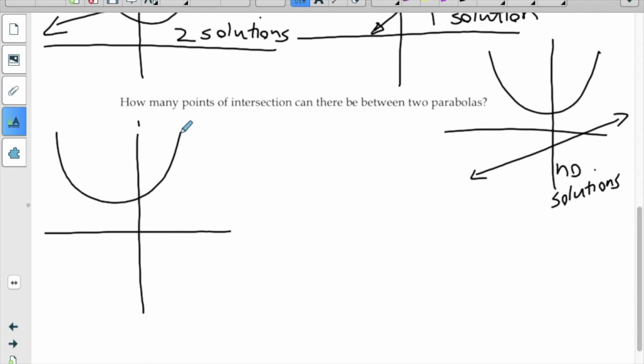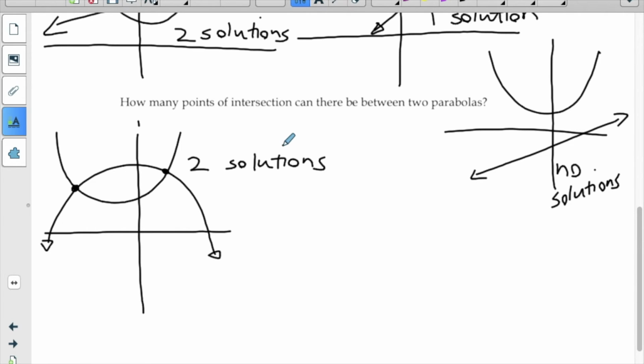Okay, twice, yep. So something like this. Okay, so two solutions. Anything else?